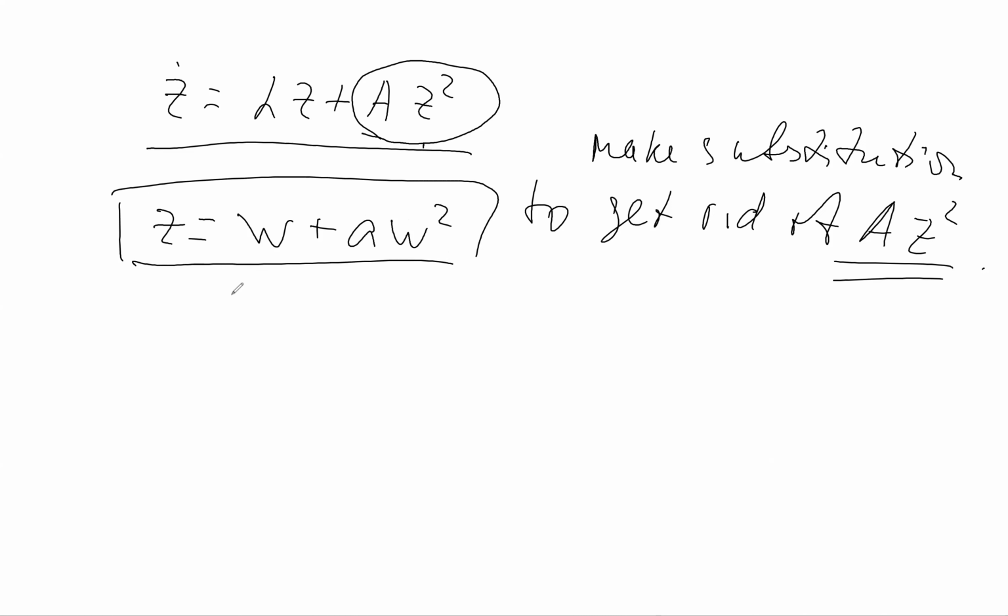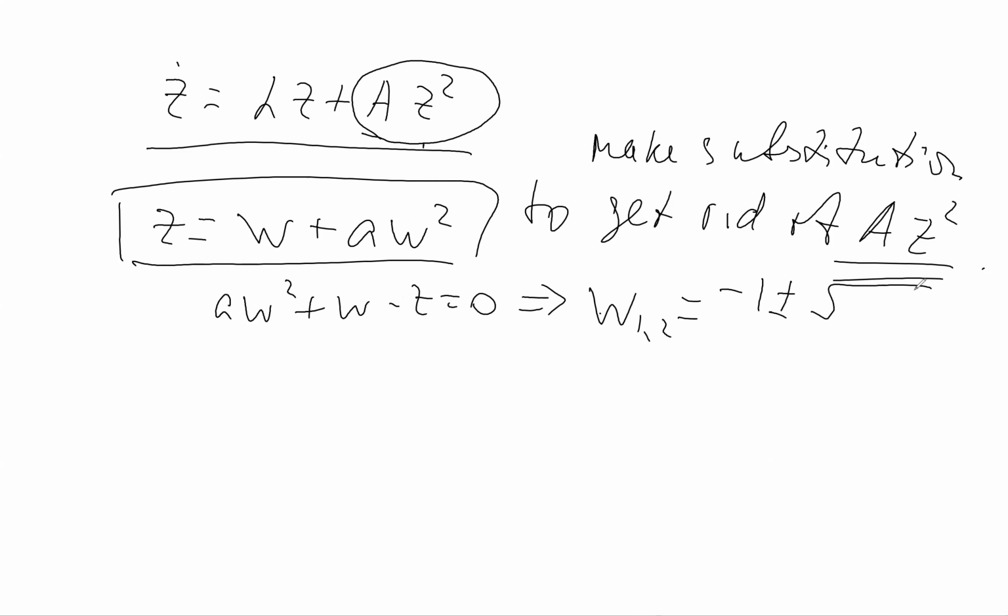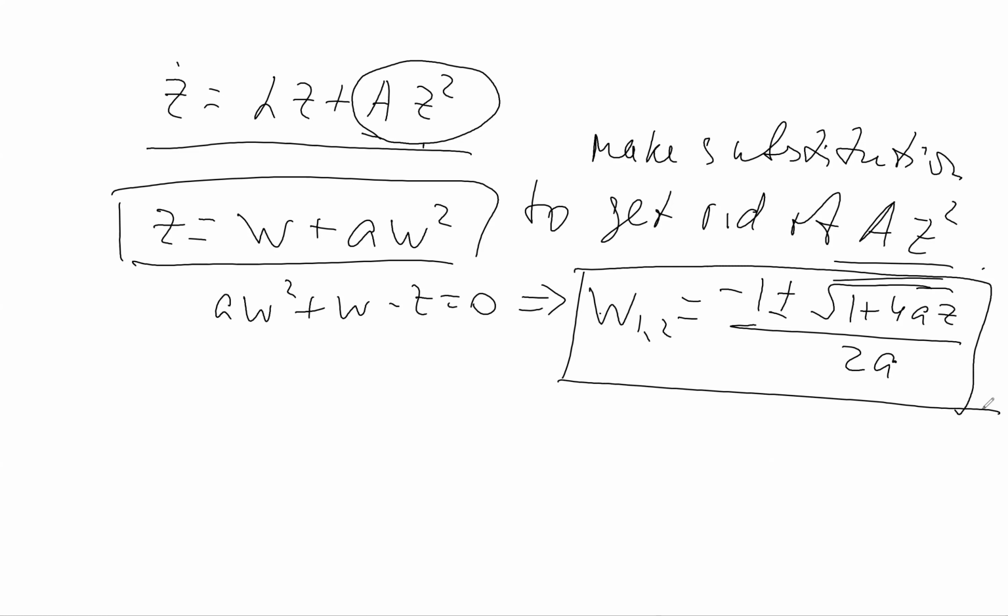If we make this substitution, then we can inverse it. It will be a w squared plus w minus z equals 0. And from here we can find that w 1,2 equals minus 1 plus or minus square root of 1 plus 4az, divided by 2a. So this is the problem with this substitution: it is quadratic.